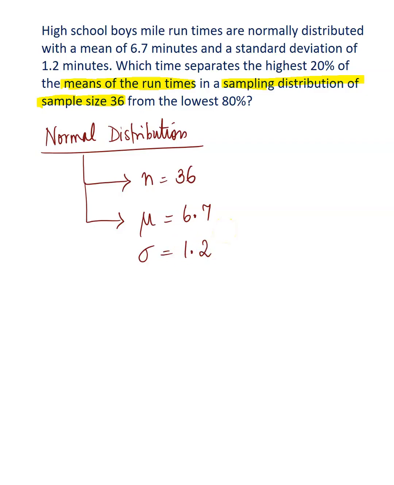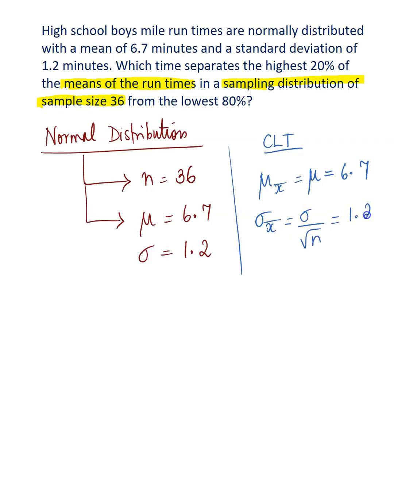And because we have to use CLT, because the problem requires us to obtain the time that separates this in a sample size, because we're talking about the mean run times, mu x bar will be the same as mu, 6.7. Sigma x bar is sigma over root n, which is 1.2 over root 36.